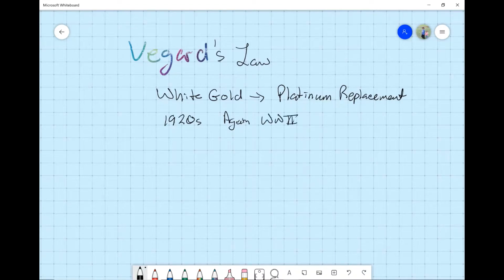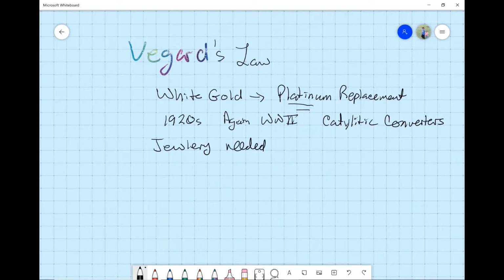World War II era, because platinum was used to make catalytic converters for vehicles. And so basically the jewelry industry needed a substitute. And so that substitute, you guessed it, gold.